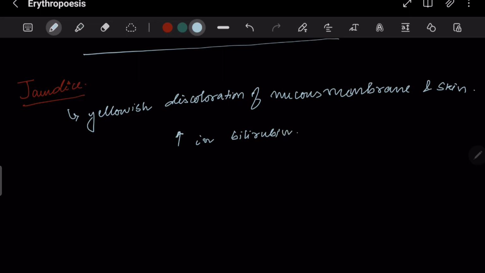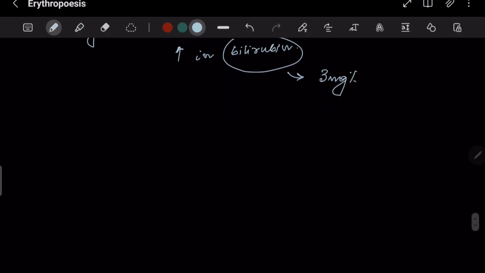Jaundice becomes clinically apparent when the bilirubin concentration exceeds 3 milligram percent. Now the normal bilirubin is around 0.3 to 1 mg percent. So if this increases to 3 mg percent, it is termed as jaundice.